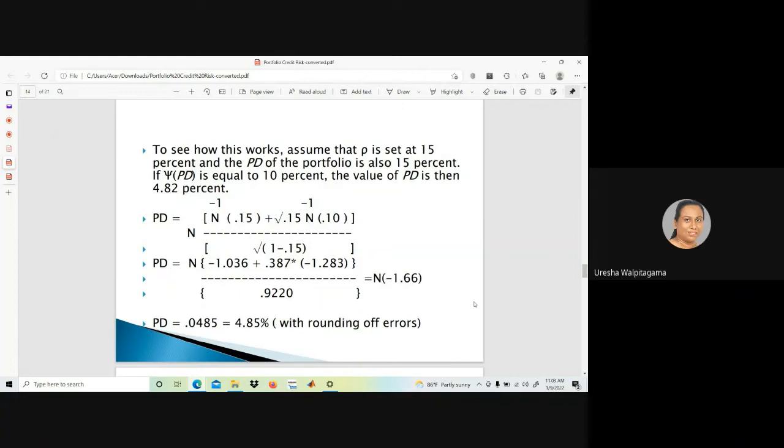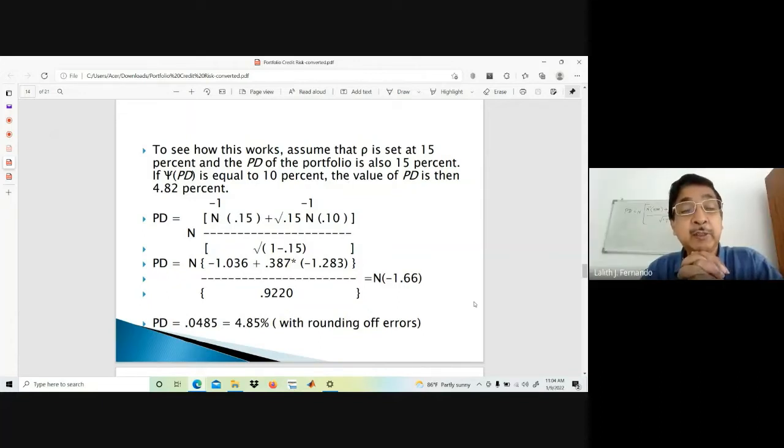Sir, in the question it says the PD of the portfolio is also 15%, but we arrive at a PD of 4.8. There's a small confusion. But what you need to say is, I think the word PD should not be used there. It should be EDR, the EDR of the portfolio. I think that's a good point to note, because it is not correct to say that it is the PD of the portfolio.